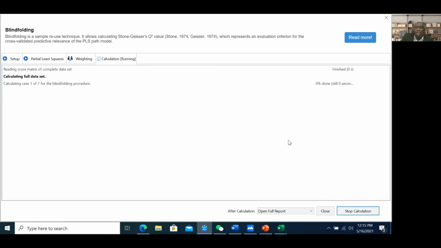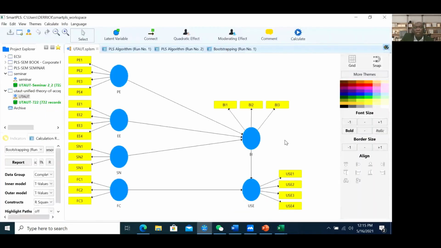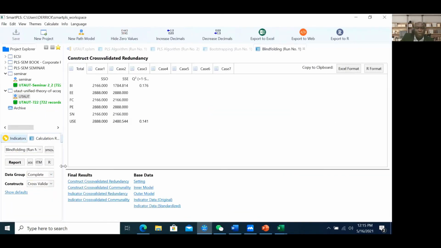Then you start your calculation. All right. Once that calculation is done, we can export it to Excel. Because the items we are going to look for in this table are not matched, we can just look for it from here.